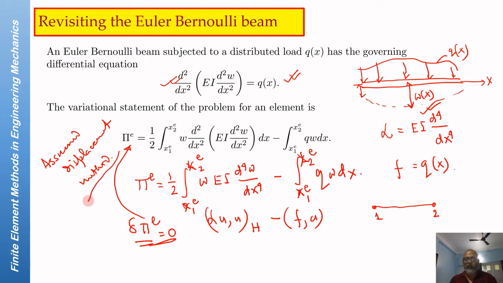Why it is better to follow the assumed displacement method in this case is difficult for me to explain at this moment. It will become clearer with a little bit of experience with this method. But right now, just take my word for it and just apply the assumed displacement method.